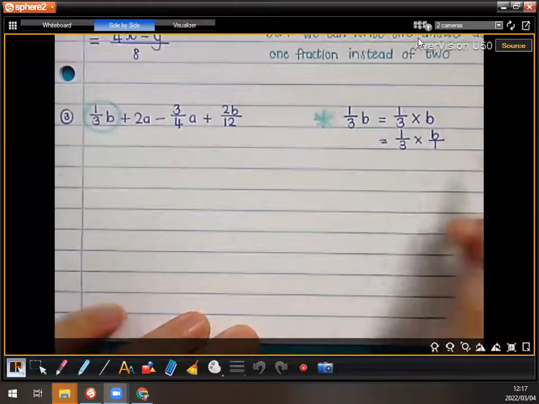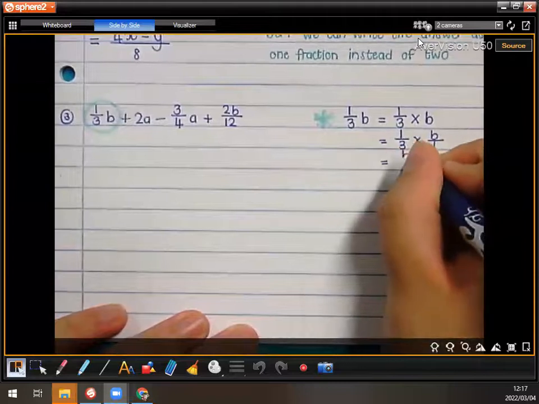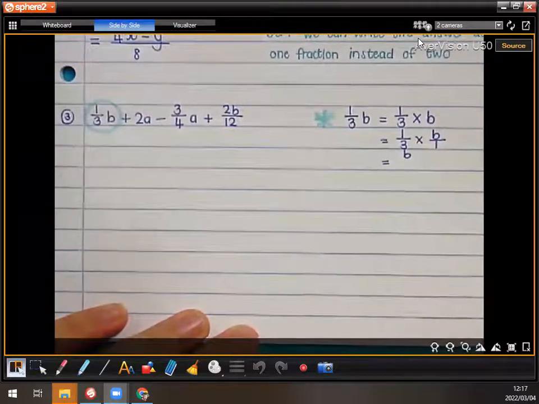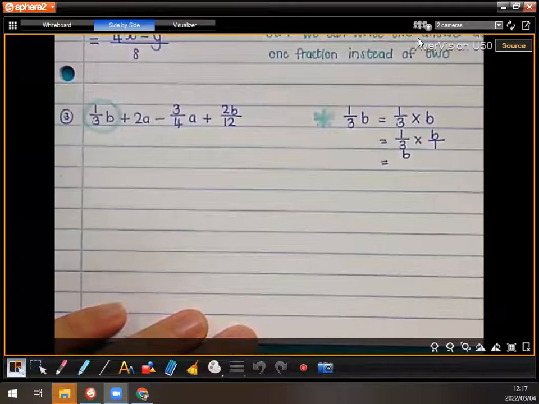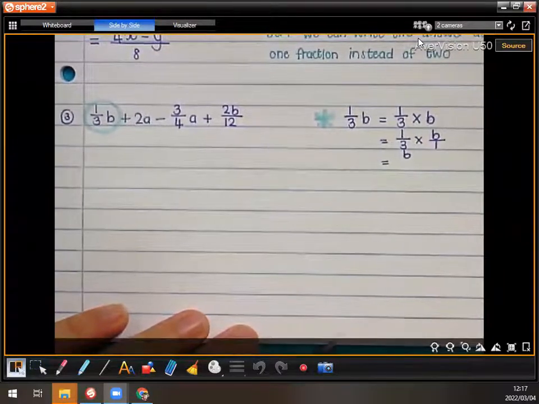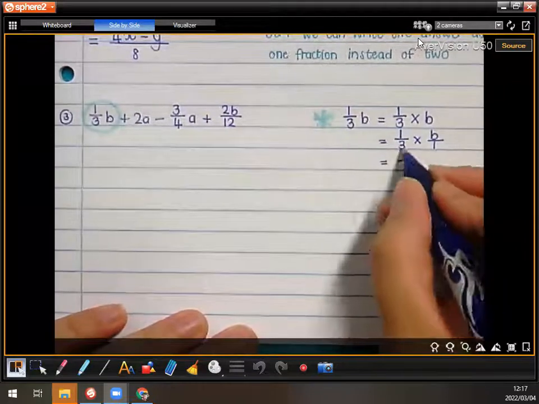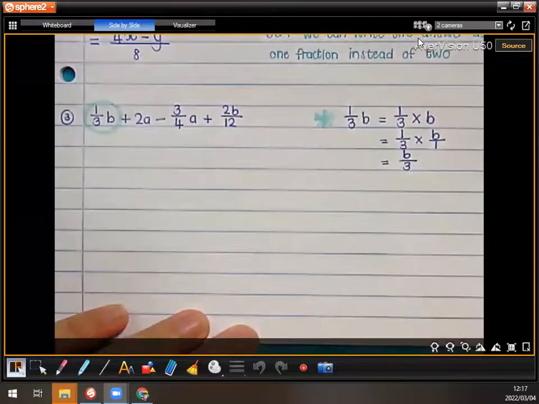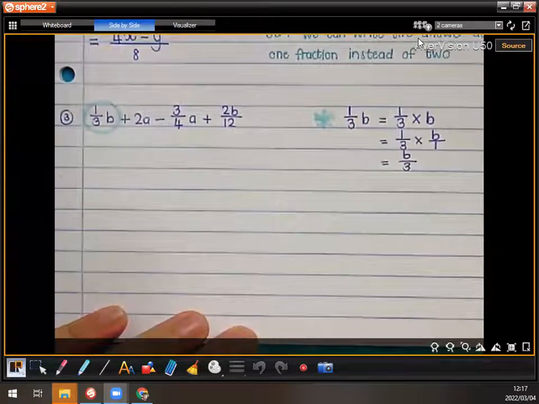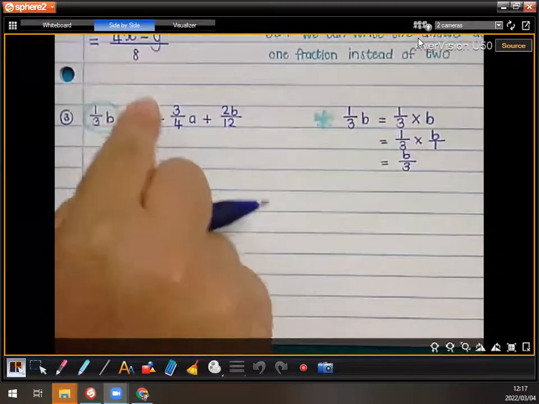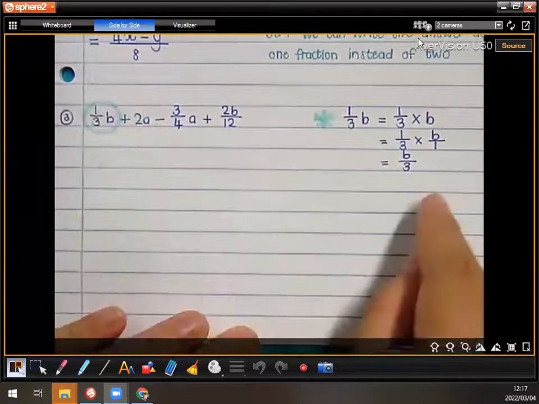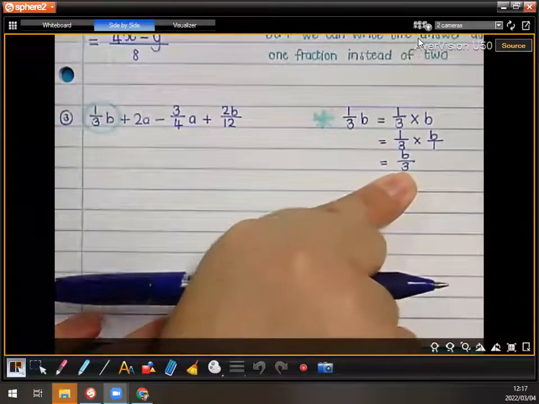Now we're going to say 1 times b is just b, right? 1 multiplied by anything is just that thing. 1 times 5 is just 5. 1 times 7 is just 7. So 1 times b is just b. And at the bottom, we have 3 times 1, which is just 3. So that instead of working with a third b, we're going to work with b over 3.